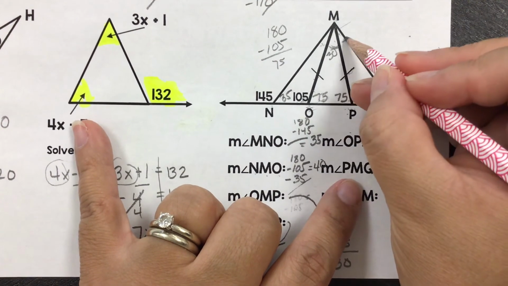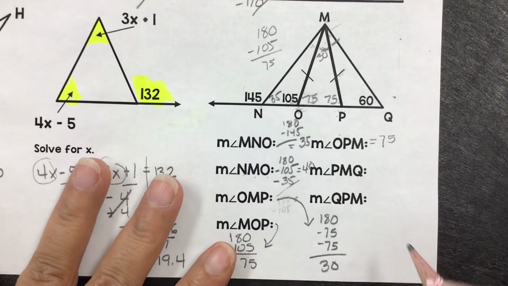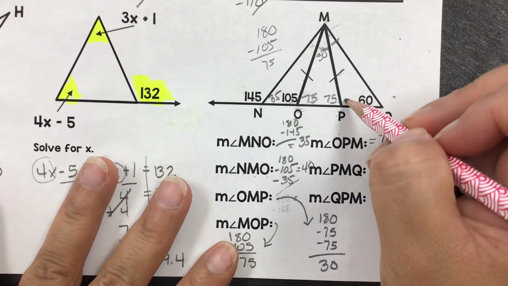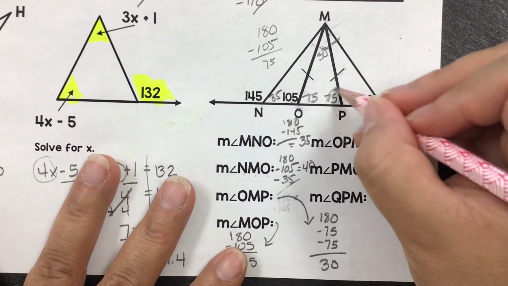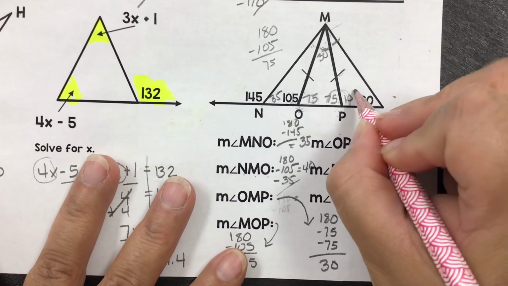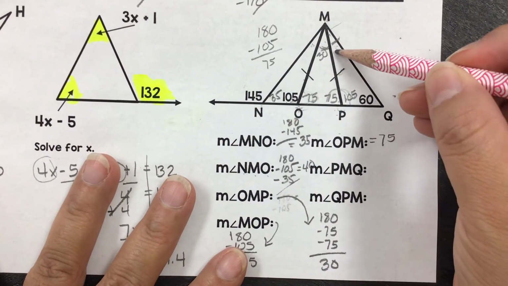PMQ is this angle right here. Well, we kind of need this one. We know how to figure that one out. It's a linear pair with this one, so it has to be 105. That means that what's left is this little angle up here.